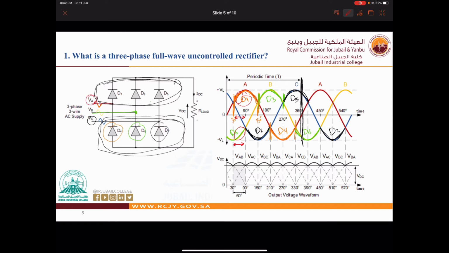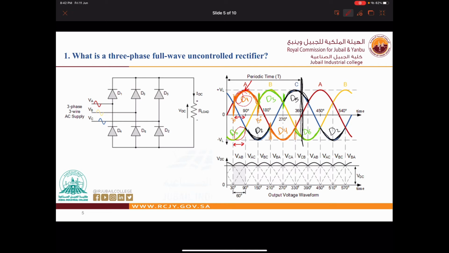Let me erase to make it clear. Guys, focus here. In this period between 30 and 90, D1 is conducting and D6 is conducting.